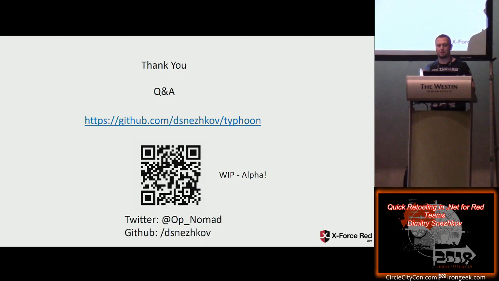Play with it, contribute to it. It's a work in progress. It really is just a work in progress. But hopefully that gave you some ideas of how offense moves. If you're on the offensive side, then you may enhance or grab some ideas from it. If you're on the defensive side, also know that these things are happening and they're being used.